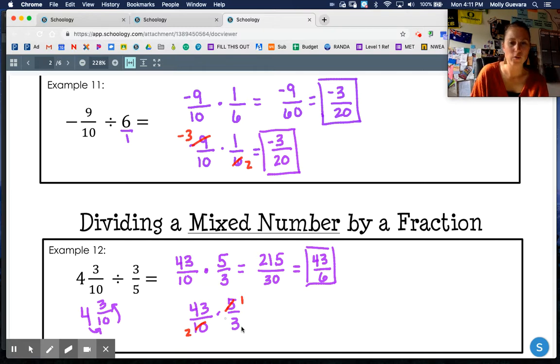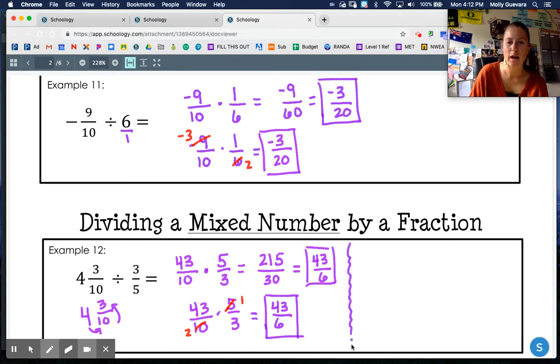Here, 43 and 3 are prime, so that doesn't actually reduce. So I can't reduce those. So 43 times 1 is 43. And then 2 times 3 is 6. Woohoo!